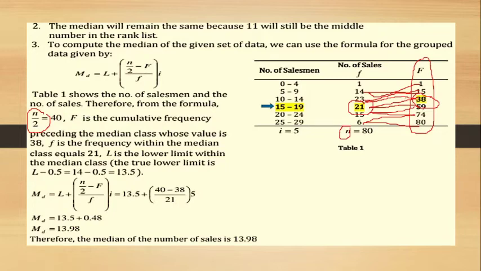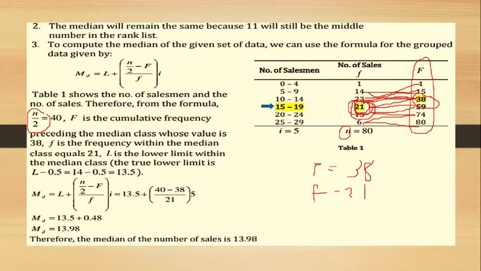Look at the one beside it. The 38 is beside 23. But to get the frequency, it is the one below, below 23. Moving one step to the left, the one below is the value of the frequency, which is 21. So, your F is equals to 38, and your small letter f is 21.